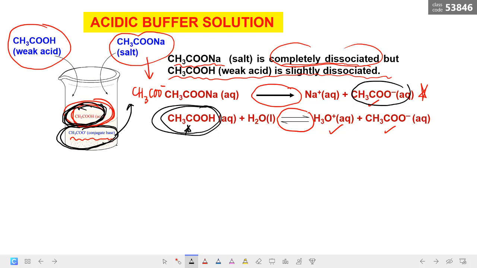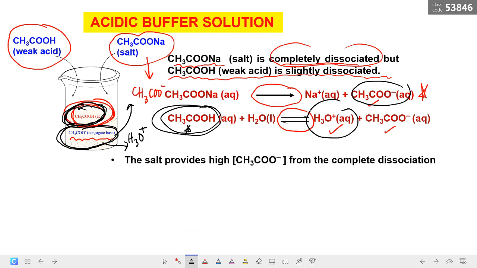Tapi jangan lupa dalam ni juga ada hydronium ion. Mana datang, you nampak kat sini, untuk menunjukkan bahawa dia adalah acidic buffer. Maksudnya kalau larutan tu acidic, mesti dia ada hydronium ion. Okay. So now, the salt provides high concentration of acetate ion. Garam menyediakan concentration acetate ion daripada complete dissociation dia.